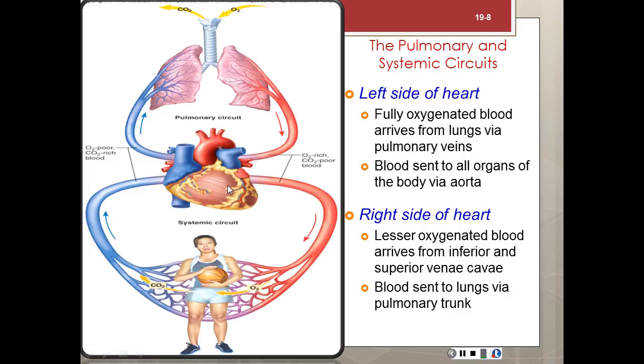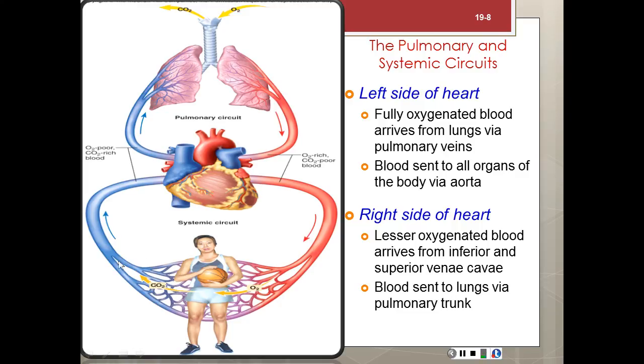When it does that, of course, blood is sent to all the organs, through the aorta, through the upper extremity and the lower extremities. When it takes it there, it goes through another gas exchange, taking us back to the right side of the heart.